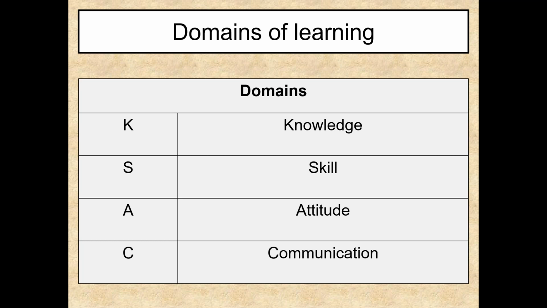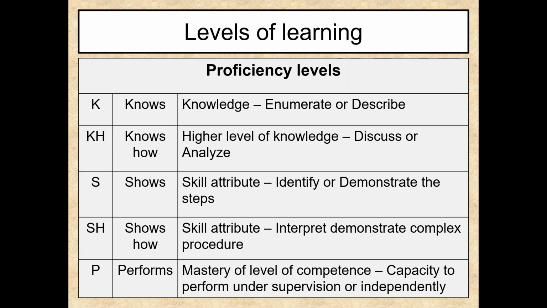And when you consider these domains again in Bloom's taxonomy, you have got higher levels of the cognitive domain, the affective domain, the psychomotor domain, and that is what we consider in the next one, that is the levels of proficiency. If you see, it is shown as K is knows, that is knowledge, that is enumerate or describe.